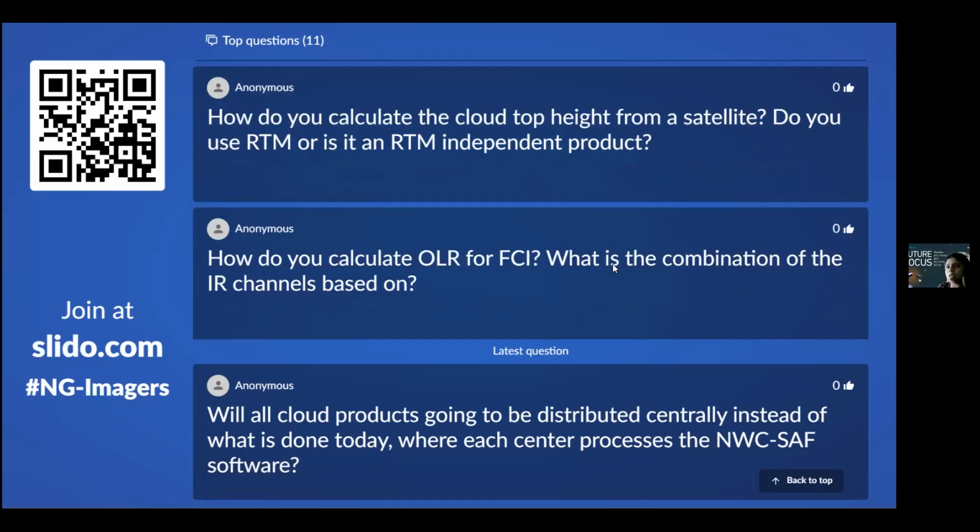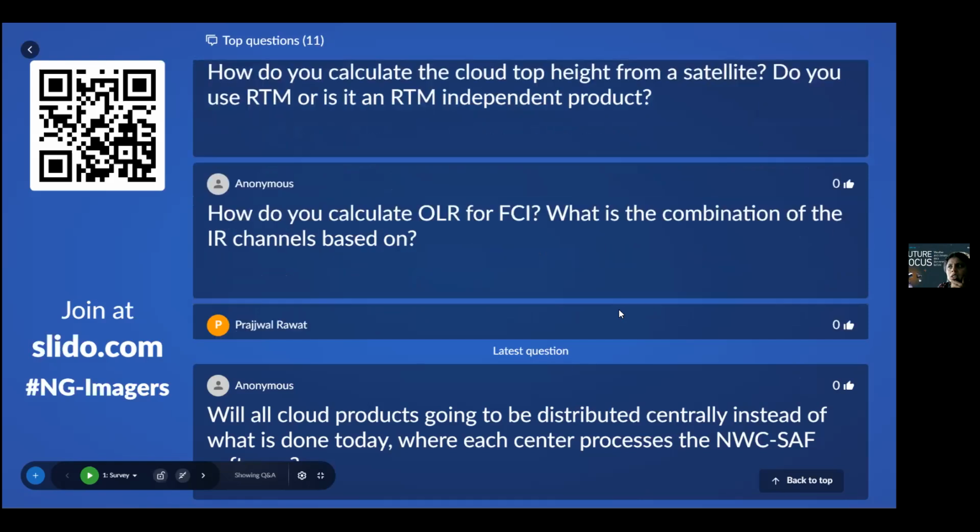And about the OLR for FCI, what is the combination of the IR channels based on? How do you calculate OLR for FCI? So we use all IR channels that we have available, except the 3.8, because it has a strong solar contribution.